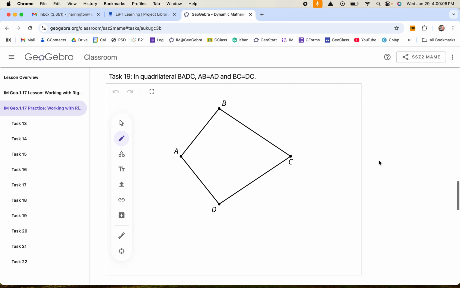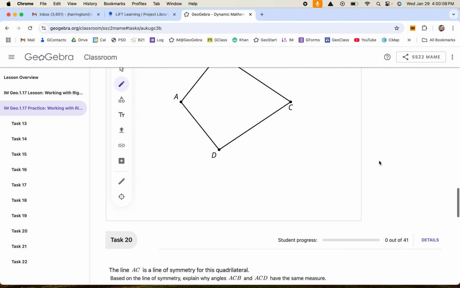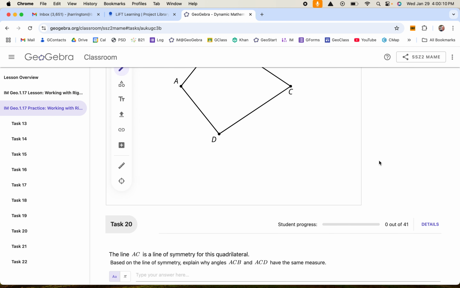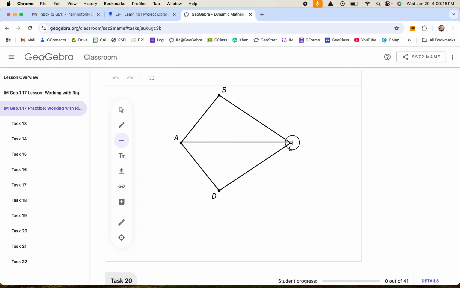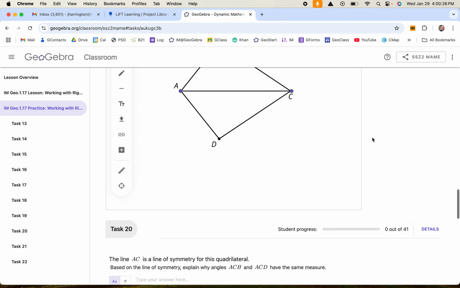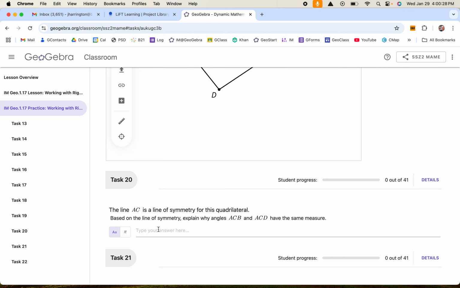Line AC is a line of symmetry for this quadrilateral. So that means that this line from A to C is a line of symmetry. It looks like I got that a little bit off there. There we go. So line AC is a line of symmetry for this quadrilateral.